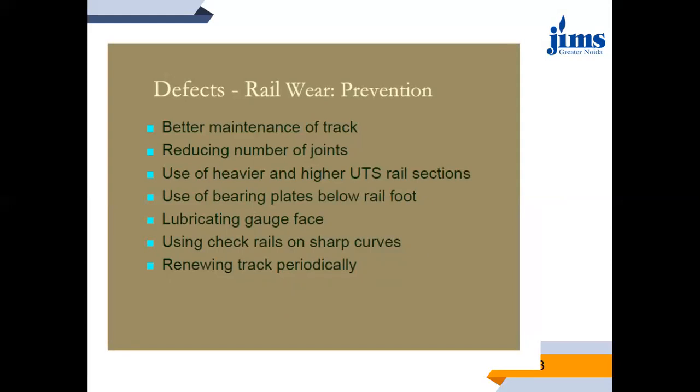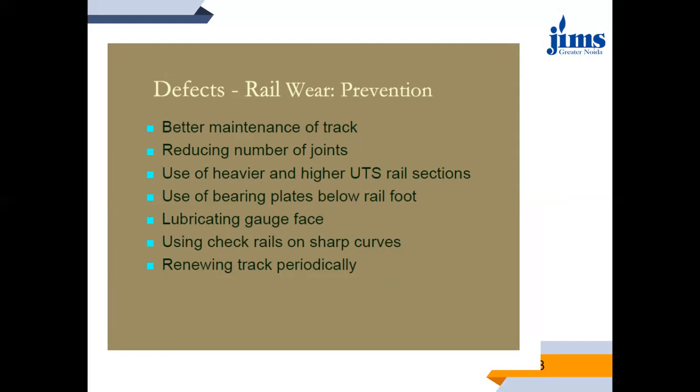Then, by reducing the number of joints in the rail section, you can prevent rail wear. Then you can make use of heavier and higher UTS rail sections, like the 90 and 110. Those new rail sections can be used. Then use of bearing plates below the rail foot can be done.